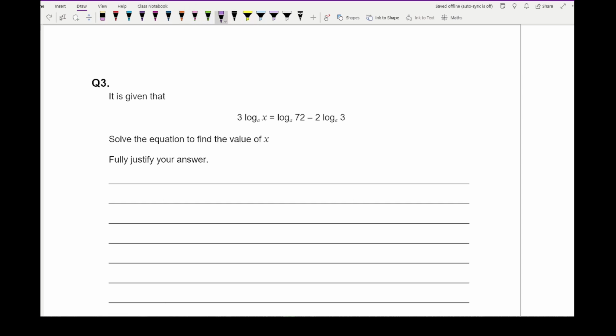So our next line is to write it as log a of x to the power of 3, taking that 3 as a power, equals log a of 72 minus log a of 3 squared. Now from this, we then need to write the right hand side as a single logarithm.